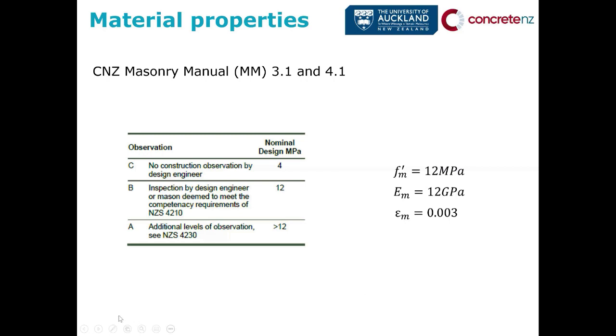Let's see how it goes. Right, we have 3 types of masonry, but like Ralf was saying, type B is the most commonly used. So I'm going to assume that we are using type B all the time. The strength is 12 MPa, the modulus of elasticity is 12 GPa, and the strain is 0.03.